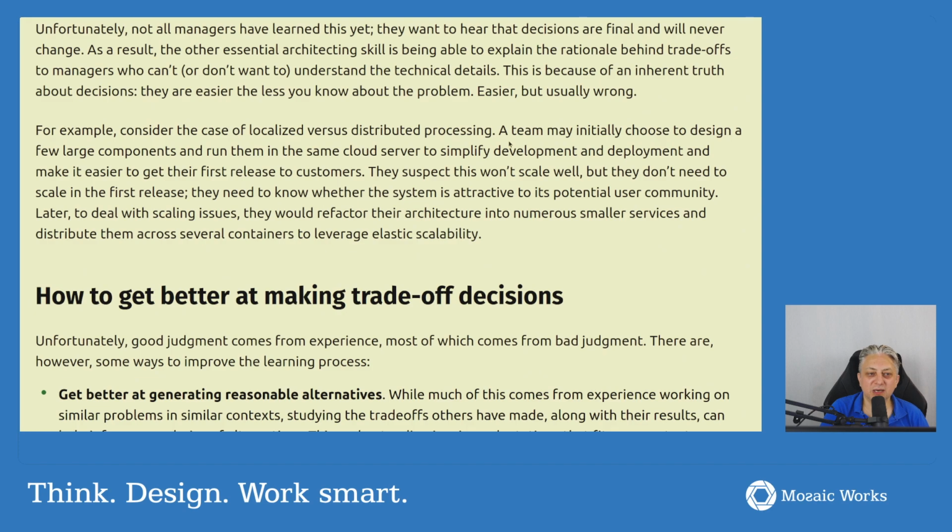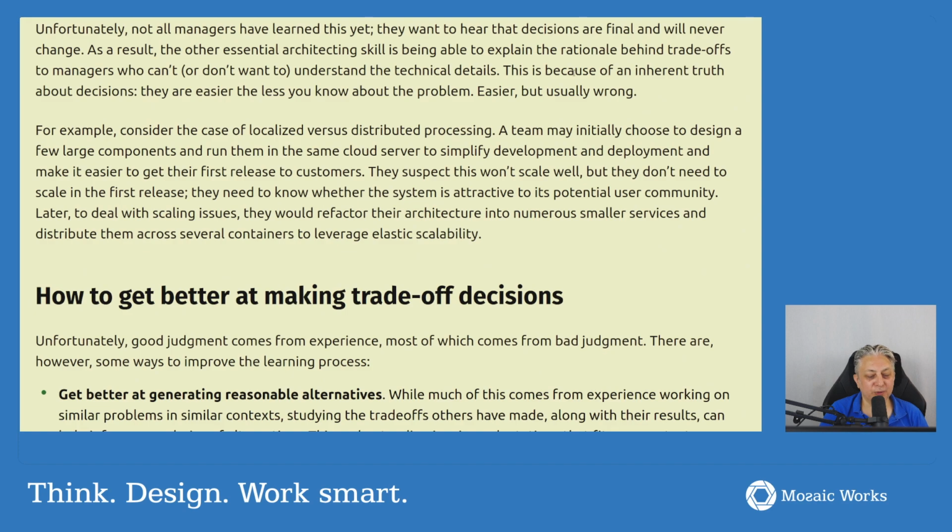This is because of an inherent truth about decisions. They are easier the less you know about the problem. Easier, but usually wrong. This reminds me of a saying about advertising, which is that half of your advertising budget is wasted, but you don't know which half. This is kind of the same thing with these decisions.